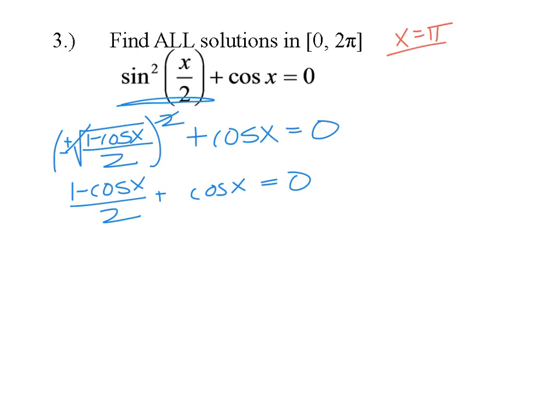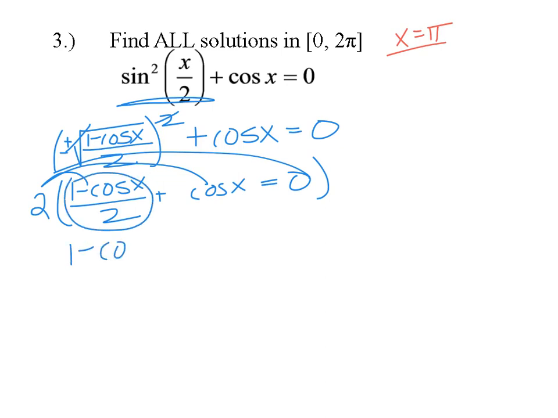Now with these two terms, we could find a common denominator and put cosine of x over 2. What might be a little easier to think about is just multiplying everything by 2, because when that happens, 2 times this first term is going to cancel out the 2 on the bottom and just be 1 minus cosine x. Then we distribute the 2 to the cosine x, so plus 2 cosine x, and then equals 2 times 0, which is just 0.